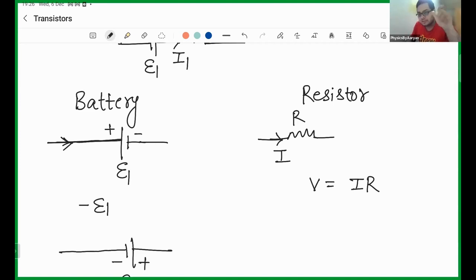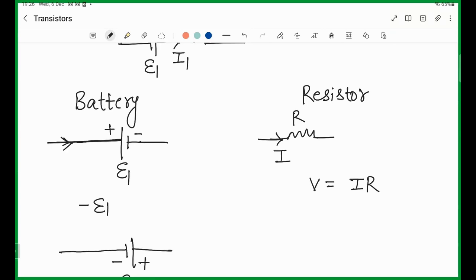Tell me. Many of you might know KVL. So if you are moving in the direction of current, positive, negative? You're going from higher potential to lower potential. Should you apply positive or negative?